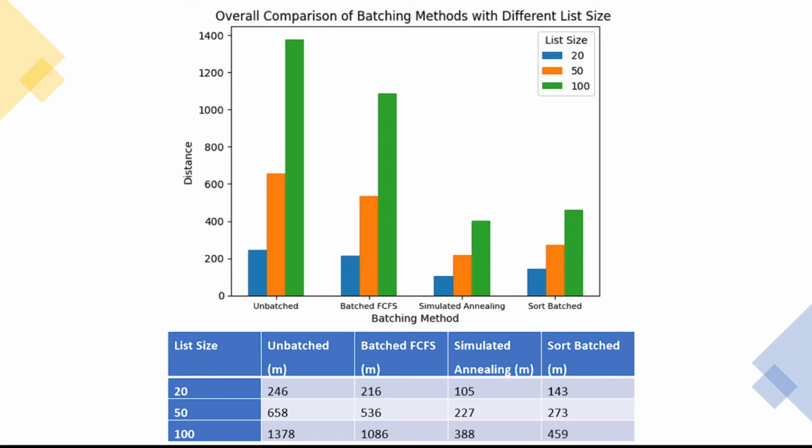It's also clear to see from this figure that the simulated annealing algorithm performs better when batching orders. And when we compare to the other existing batching methods, it is better in providing the batching solution. We can also see that the reduction is more significant as the list size increases. The same trend was shown in other batching methods too.